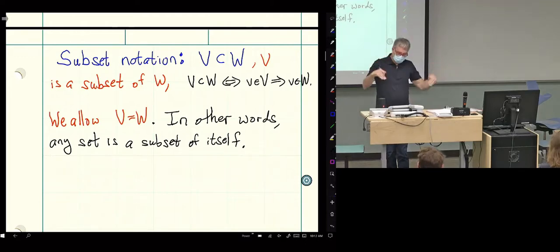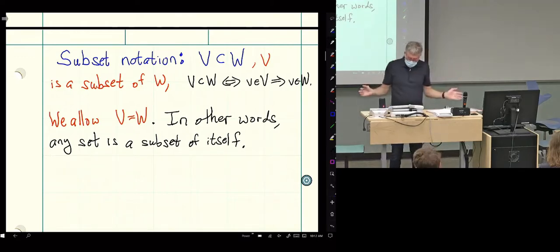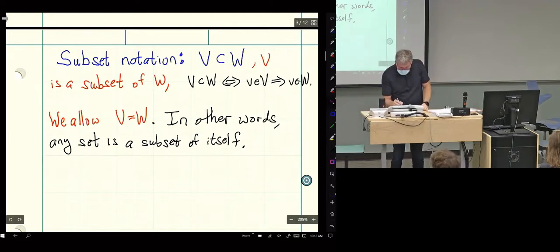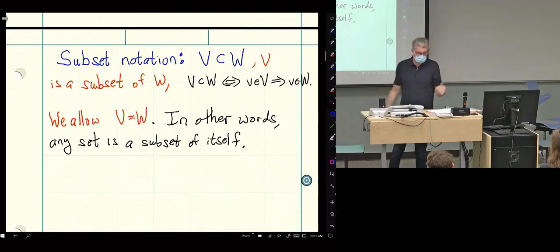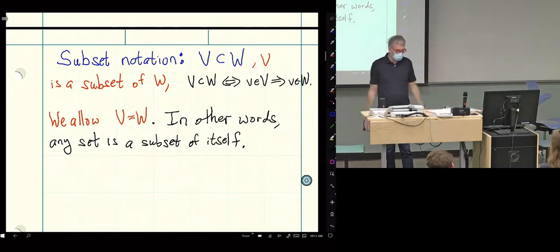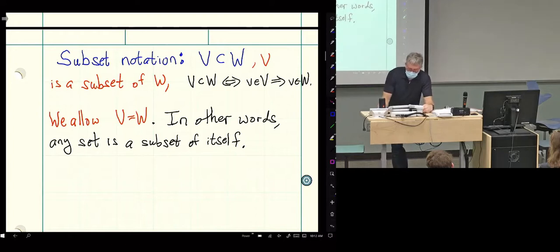Okay, so V contained in W is fine. W is contained in itself, so we can write W is contained in W. So there's no problem with that. With some books, you put a little slash here to say V is strictly smaller than W. There's at least one element of W that's not in V. We don't do that, okay? So that's all I'm trying to do, is get that notation. And if you've never had to deal with that notation, I'm proud of the instructors that you've had. Okay, so subsets.